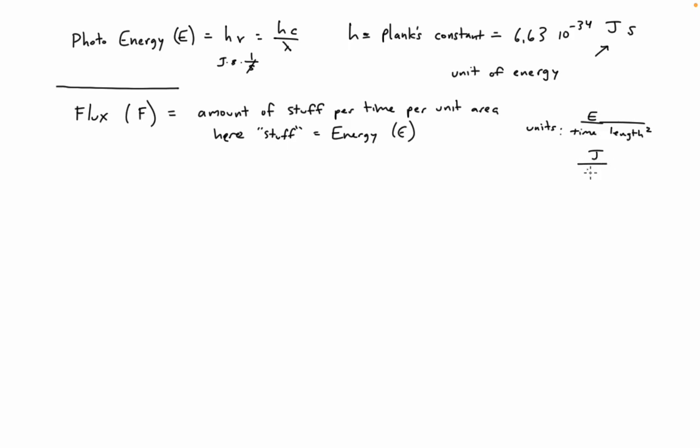So a joule per second per meter squared. And some of you might remember that joules per second has its own unit. It's a watt. So units of flux for energy could also be watts per meter squared. Watt is a joule per second.